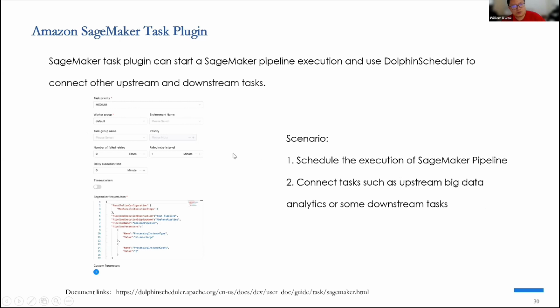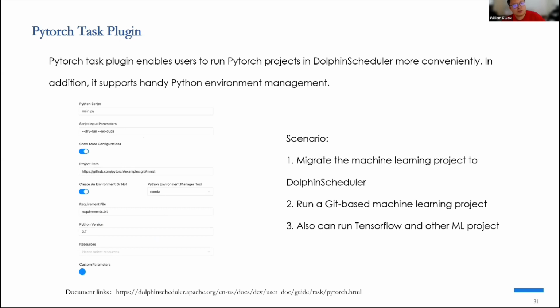Then you can use SageMaker and Spark and Shell and Python and even PyTorch together in DolphinScheduler.